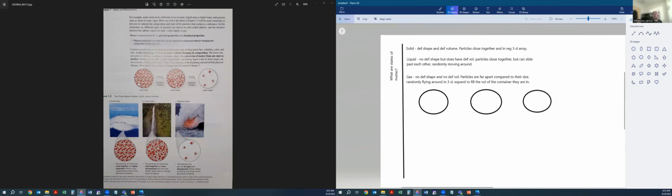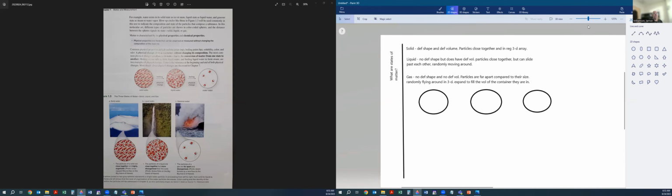Just like I have these three here, solid water, liquid water, and water vapor, I might fill these in like this, just as an example to myself. Here I have solid water, liquid water, where they can slide around, and gaseous water.